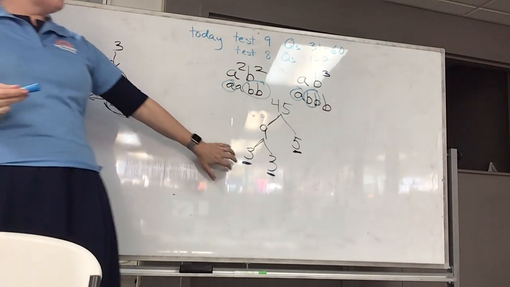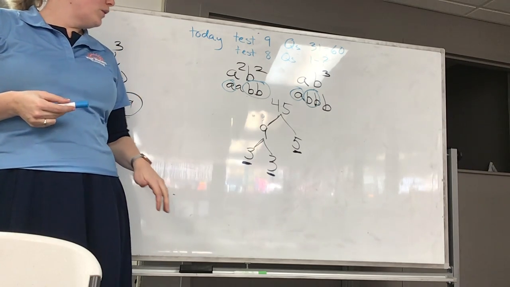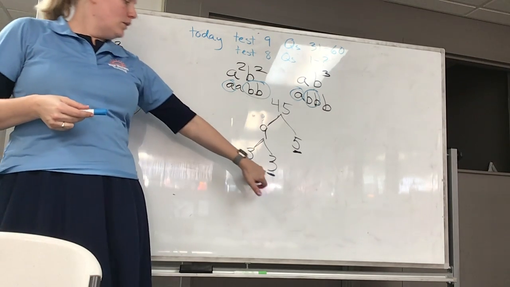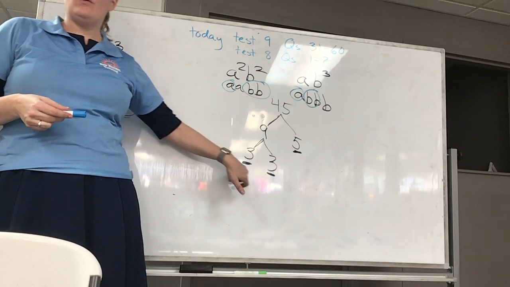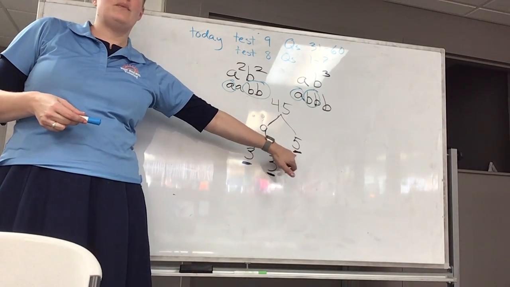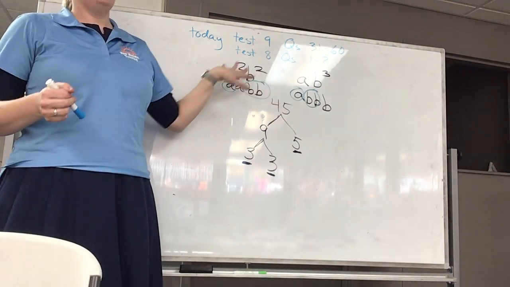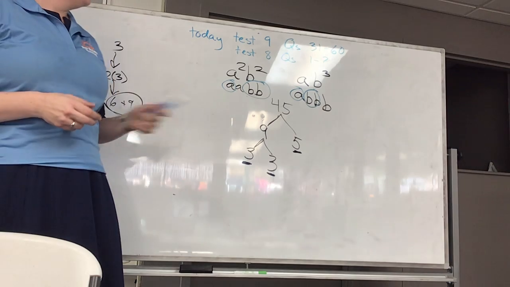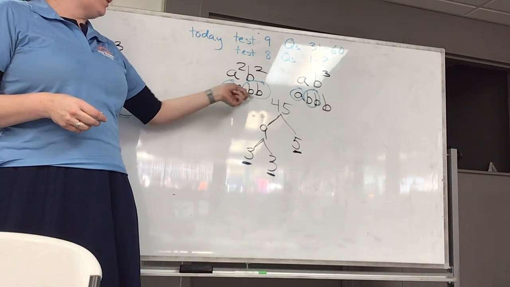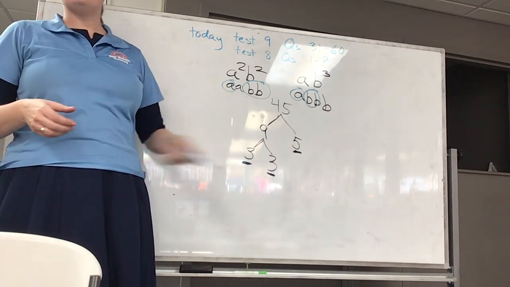So, matching that up with the numbers that we have for 45, b could be this 3 because we have two 3's. a could be this 5 because it has one 5. And so if they share in common 45 between the two of them, we're going to assume that this b goes with the 3 and the a goes with the 5 because there's one a and two b's.